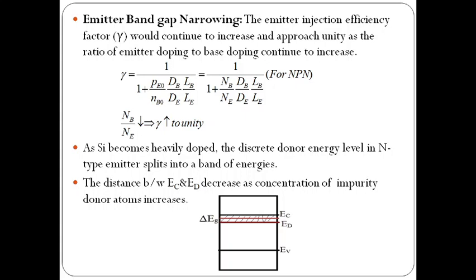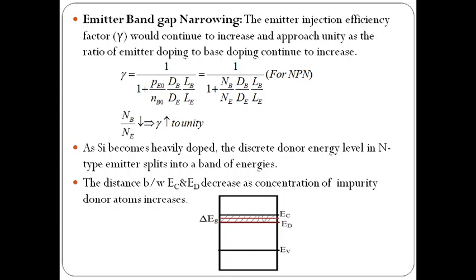The minority carriers in the emitter region can be written as Ni square by NE, and in the base it is represented with Ni square by NB. So by replacing PE naught by NB naught with NB by NE, here NB is the doping concentration of the base and NE is the doping concentration of the emitter.